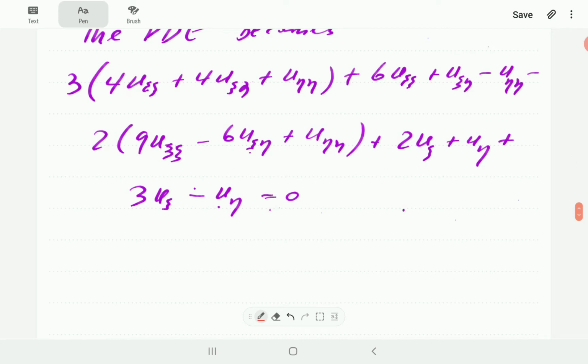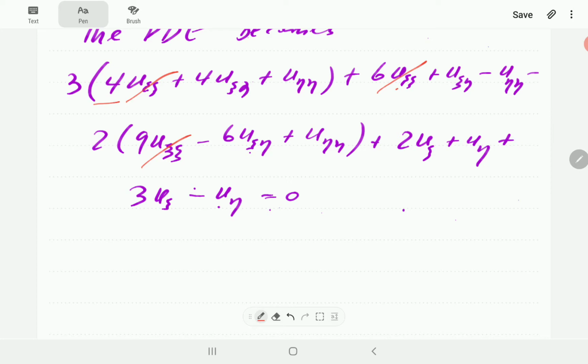If they don't, then it means there's something wrong that we have done, which we need to go and sort out. So from here we've got 12 of these plus 6, we've got 18, then minus 2 times 9 is 18. So these terms cancel out.